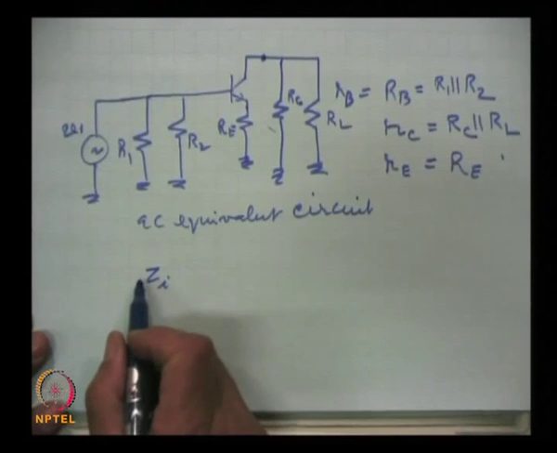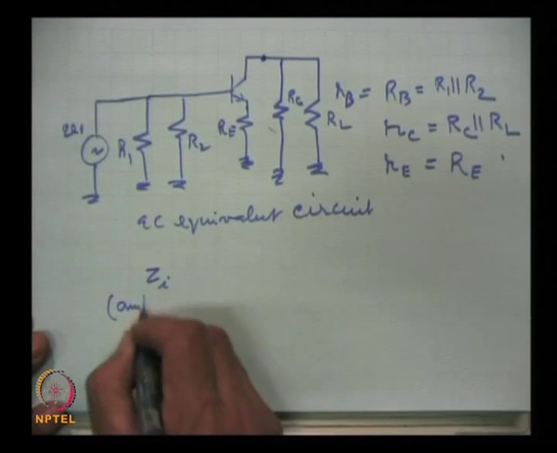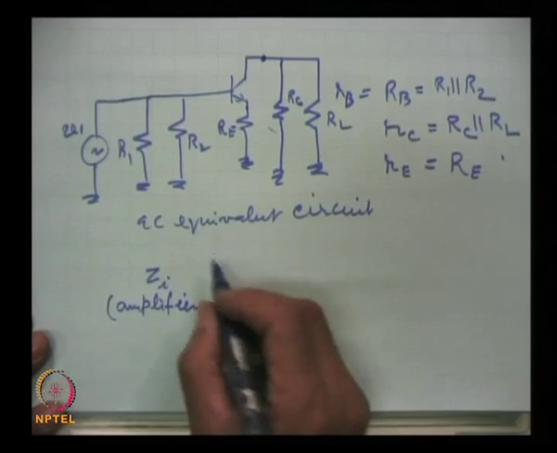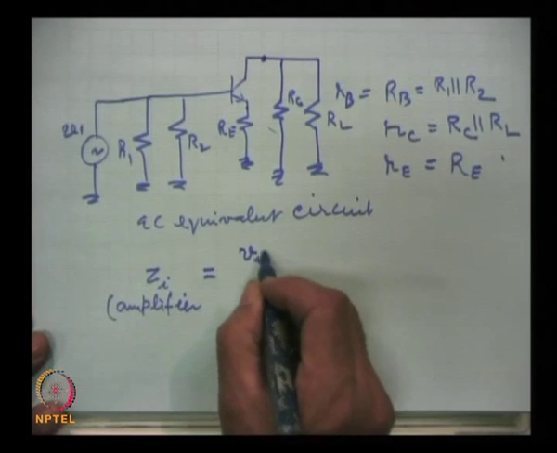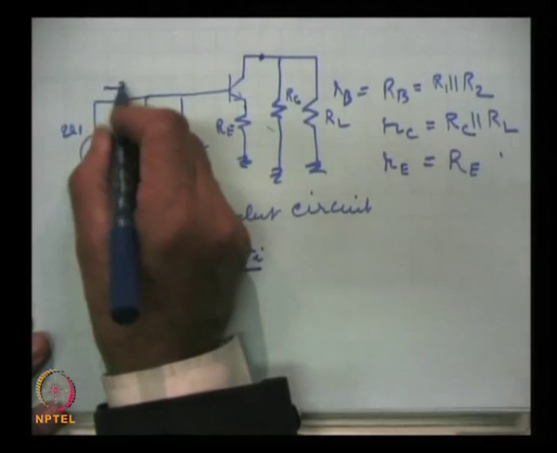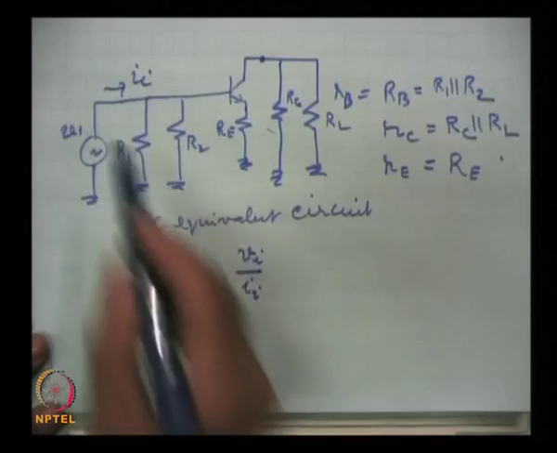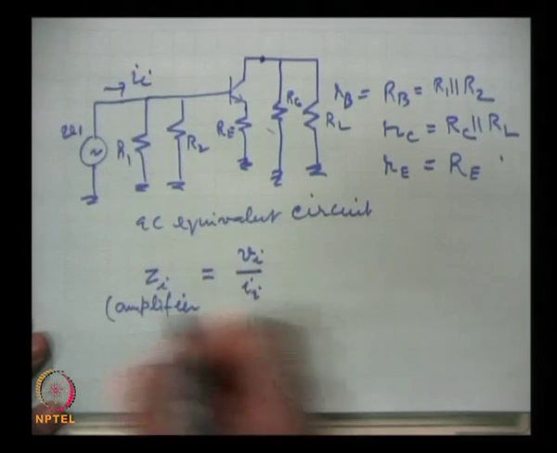So, the ratio of the two by simple Ohm's law will be the impedance. So, Z for impedance, I for input, this is for the amplifier, and this we can define by V I by the current I, the ratio of this will be the impedance here.